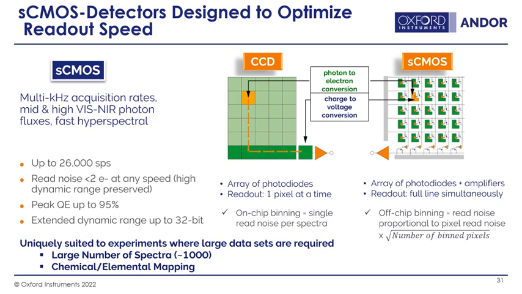It's also able to do this with very low read noise at any readout speed, so you can have high spectral acquisition rates and at the same time preserve the dynamic range of your measurement because there's no need to increase the gain on the camera and the detector to overcome the read noise. Because of this, the setup is very well suited for chemical and elemental mapping where thousands of spectra might be required to create such a map.